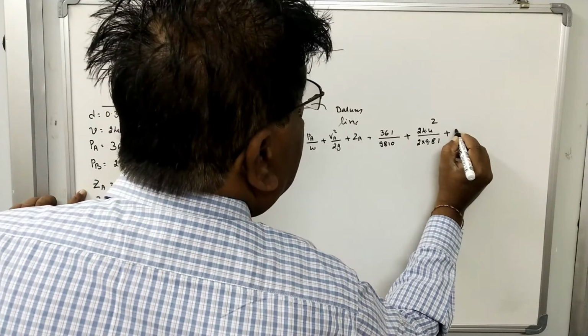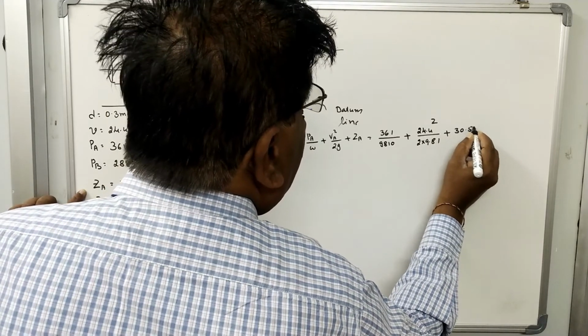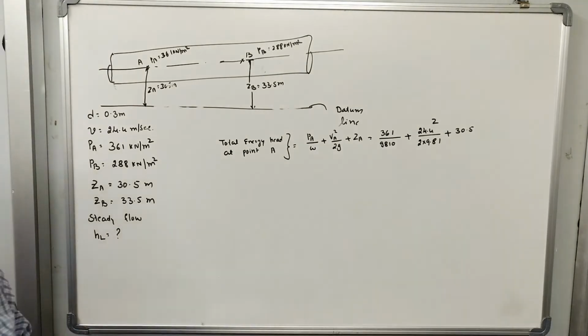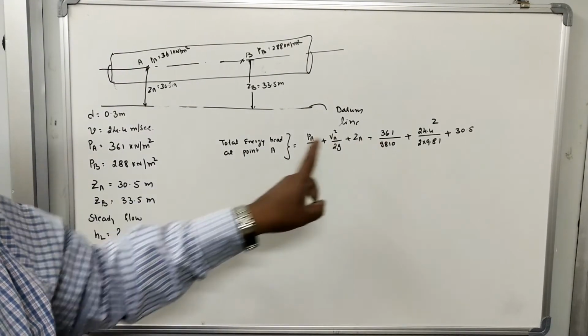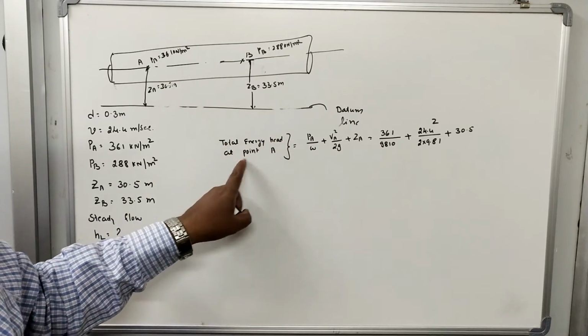ZA is also given, 30.5. Okay, so this you calculate. This gives you the total energy head at point A.